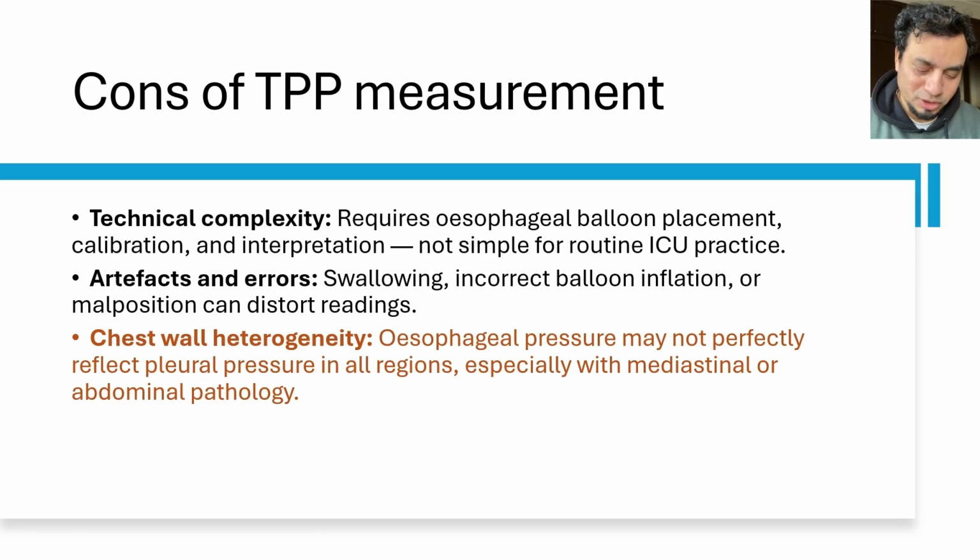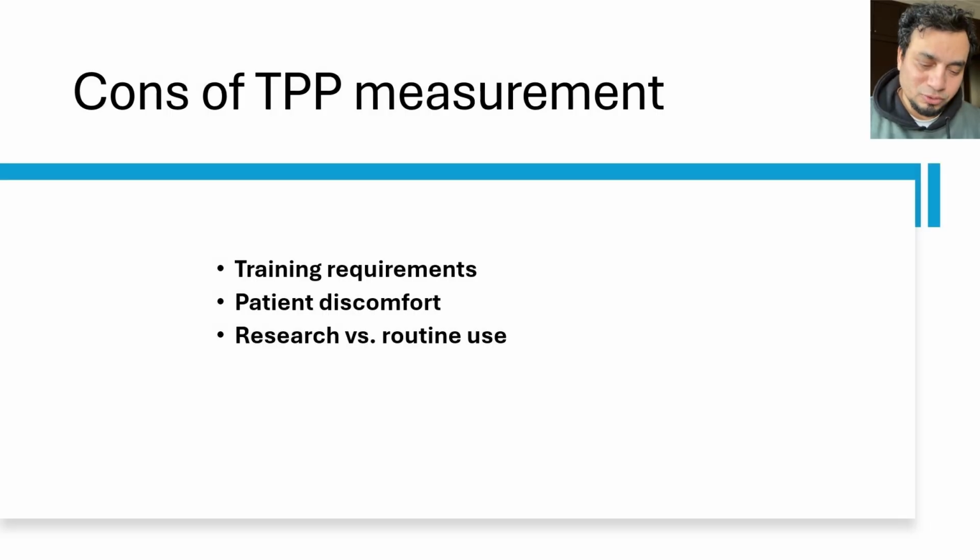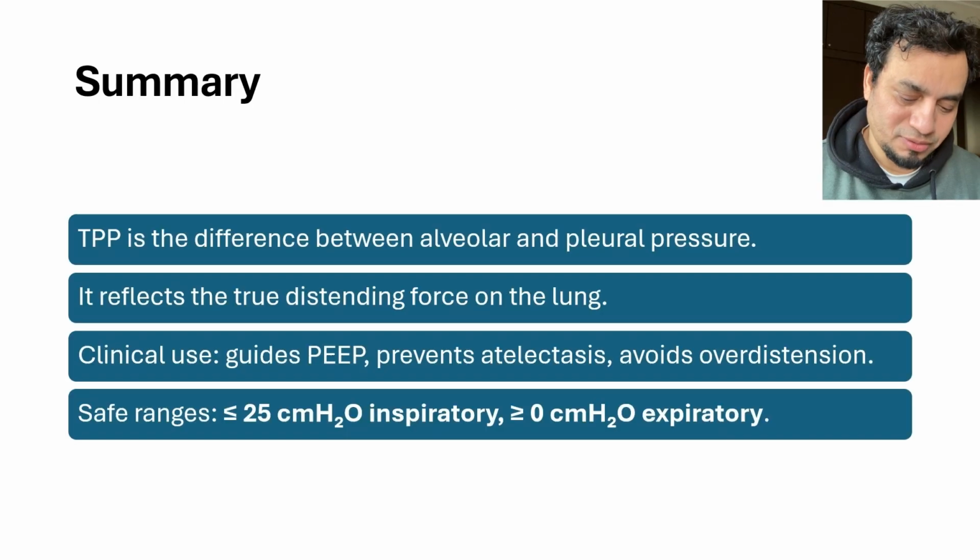I think you will see more and more coming into the picture, and critical care is going to be more complex. That is where you have to use AI to make it very simple. Otherwise, how will you remember? Limited availability is also an issue, and training requirement, and patient discomfort when they are awake or less sedated. So it is not a routinely used monitoring gadget. It is only limited to research so far.